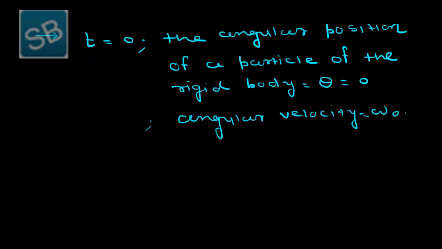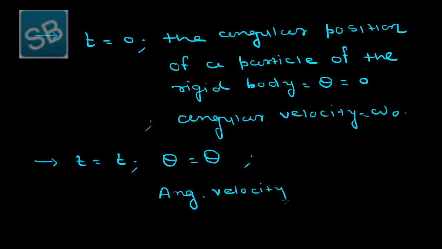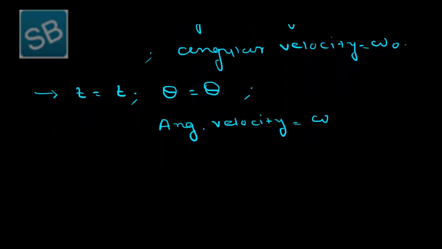And at time t equals t, we determine the initial and final case from which we can derive some important relations. Its angular position I am taking as theta, and the angular velocity is equal to omega.